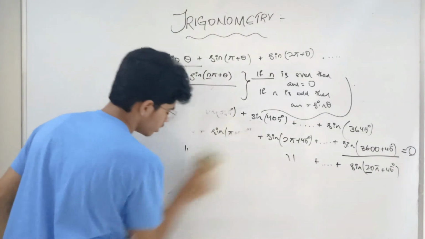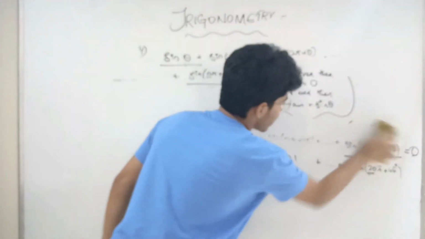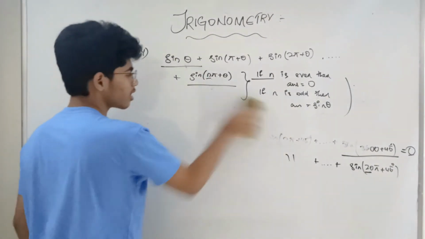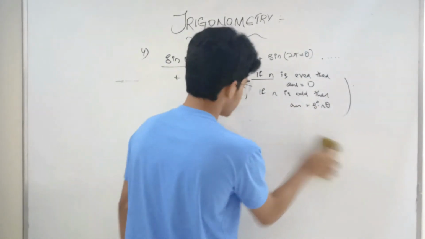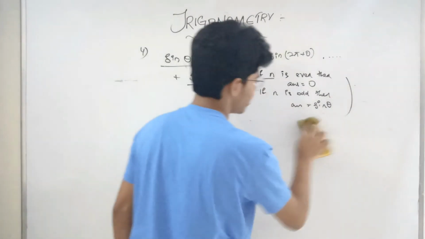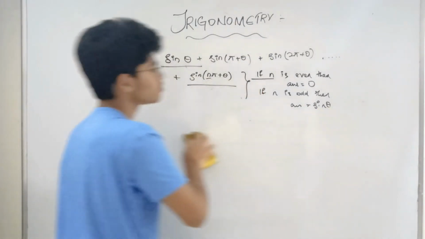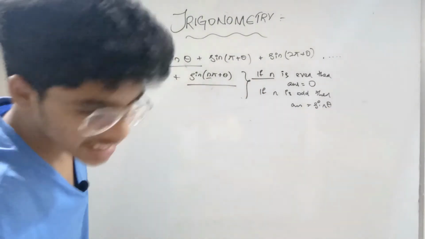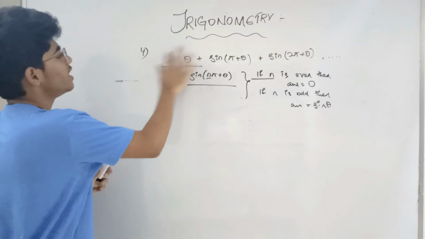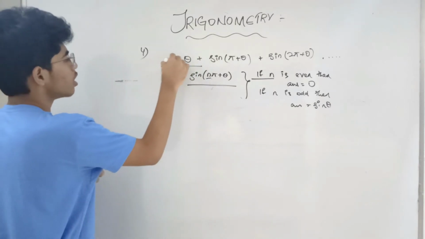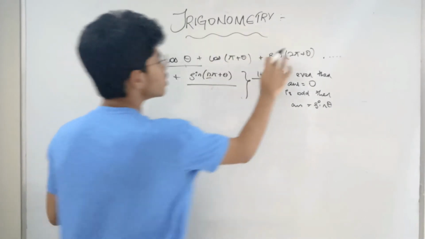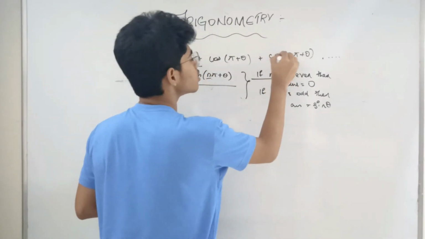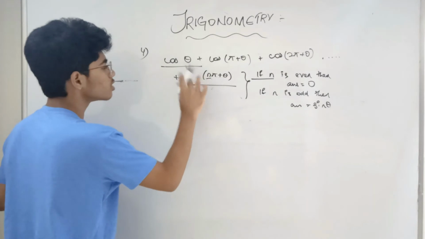So we have one more shortcut, identity, whatever you call it. It's going to make problems easier. That's it. You just have to name it. Same formula for cos. We just have to replace sin with cos.